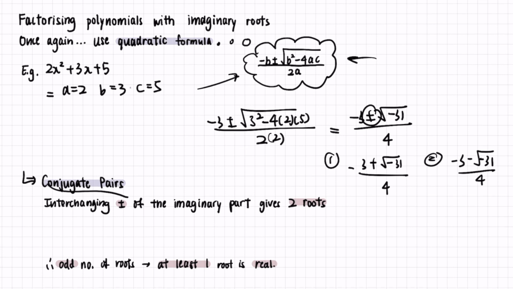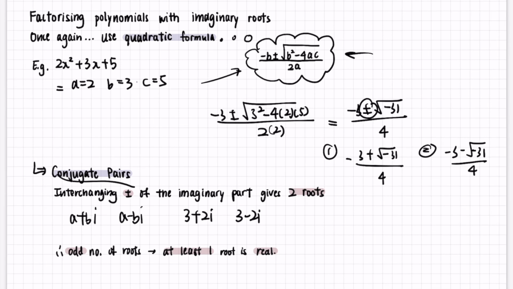So if a plus bi is a root, a minus bi is a root. And if 3 plus 2i is a root, then 3 minus 2i would also be a root. So it will be very convenient when you want to factorize a polynomial. You can just multiply these two together and this will give you a real number.